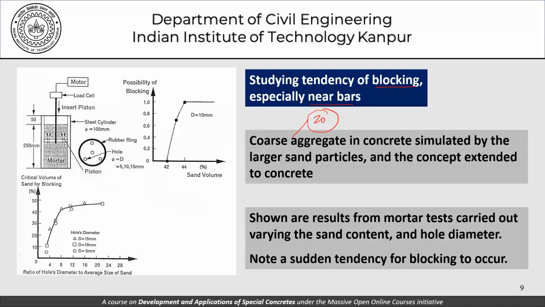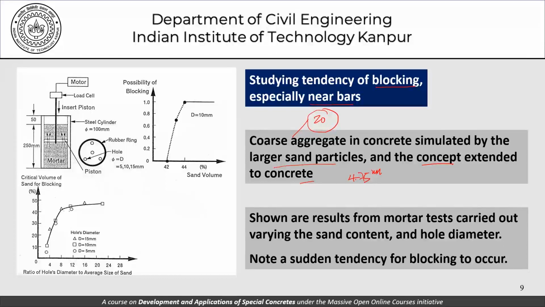But if we are able to do some experiments the way they are listed here, for example, it says that coarse aggregates in concretes are simulated by larger sand particles, and the concept then extended to concrete. So the larger sand particles could be any diameter. It's not necessarily that we are sticking to a 4.75 mm definition for sand.